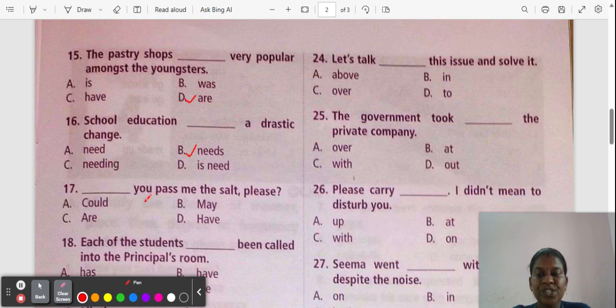During the requisition we have to select the correct verb from the four options. Option A could, option B may, option C are, option D have. Singular, so we can't put are here. So could you pass me the salt please? During requisition we have to select this verb. Option A could is the correct answer. Could you pass me the salt please?